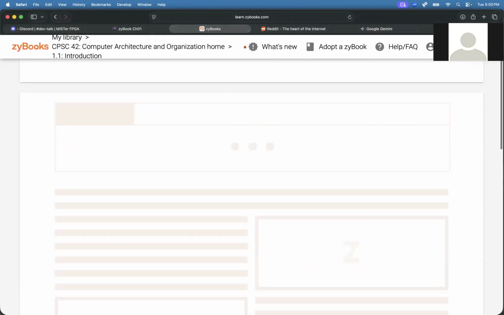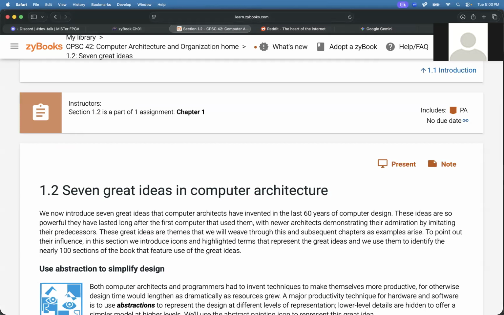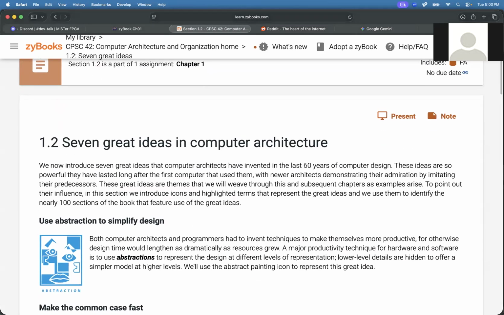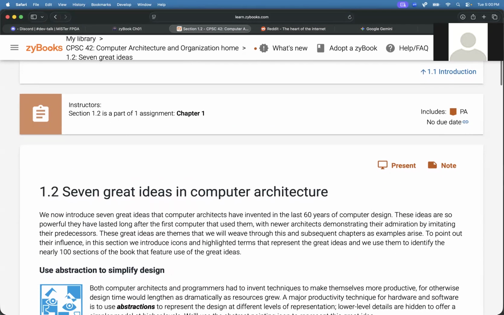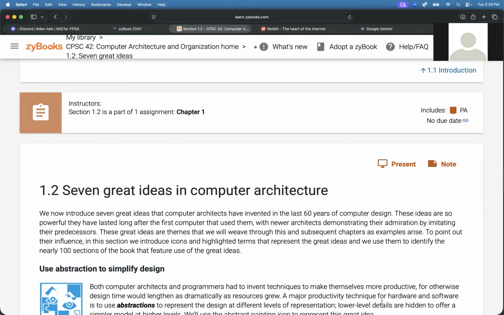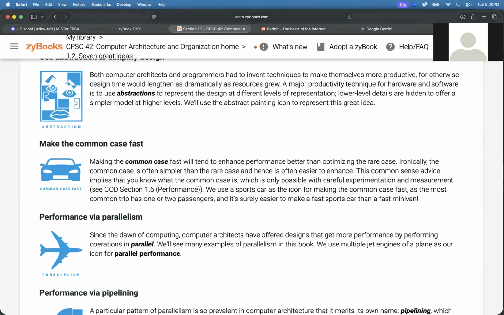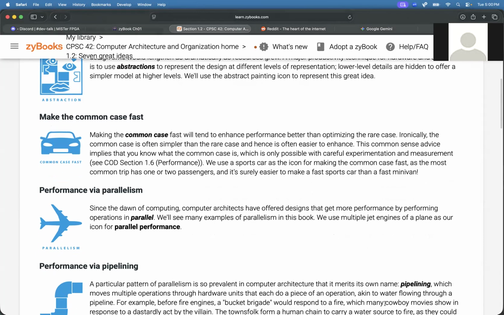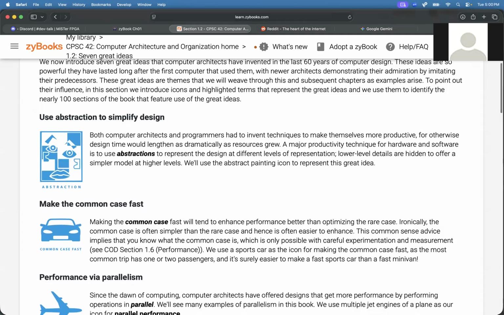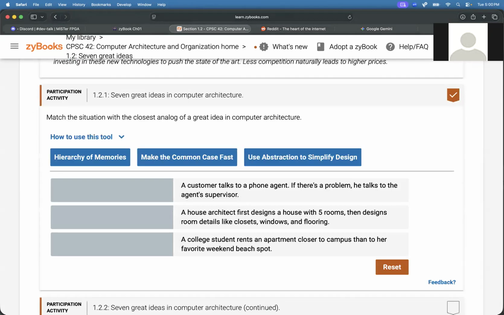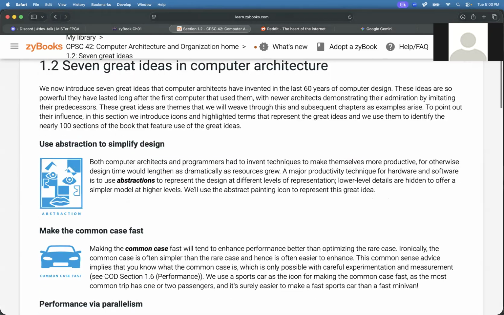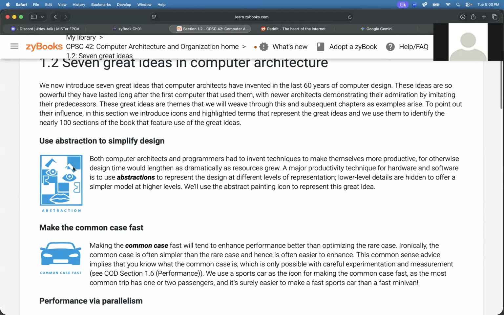All right. Next section. So again, this is kind of history of computing. This stuff is mostly in its own chapter here to give you something to do while you were acquiring access to the zyBooks. So we can read through this and see what kind of ideas they're talking about. Like using abstraction to simplify design.